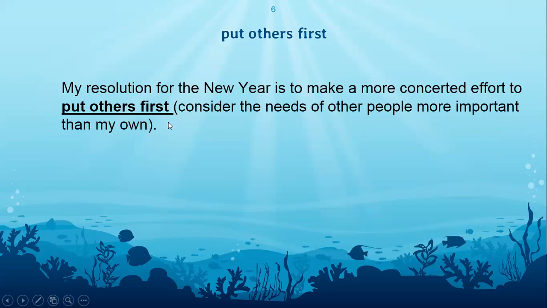So you try one of the resolutions, maybe put others first. That means consider the needs of other people more important than my own. That means not the people on the roads, maybe your family members, maybe those who are with you, and those people have certain things, and you want to think those needs are more important than yours. So that is what put others first means.